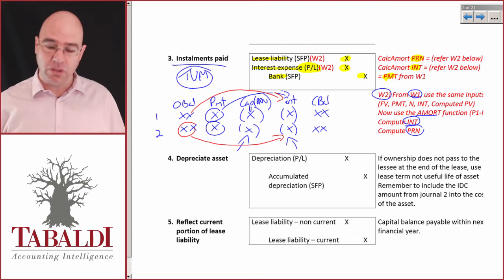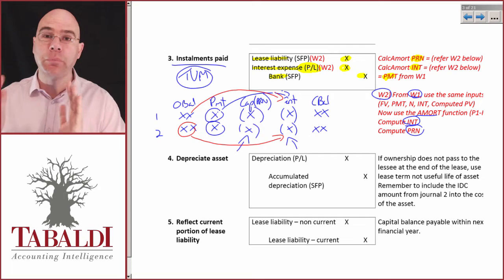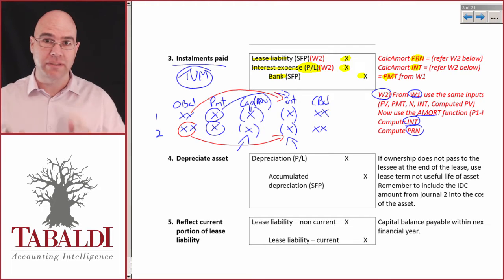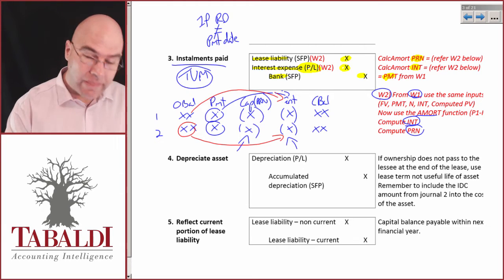Now, sometimes on these installments paid, the installment payment date and the reporting date for accounting purposes are not the same. Then, if the reporting date does not equal the payment date, then you need to do what?